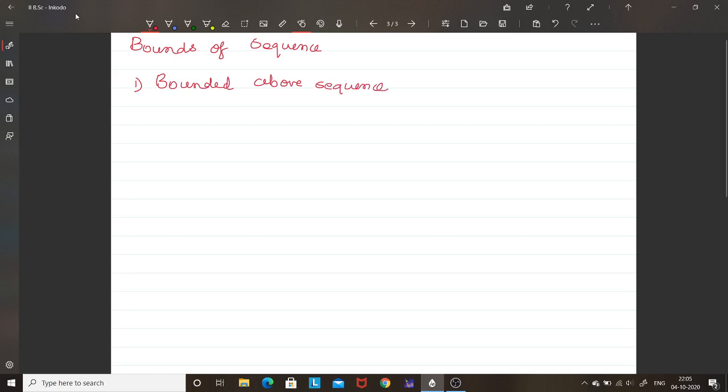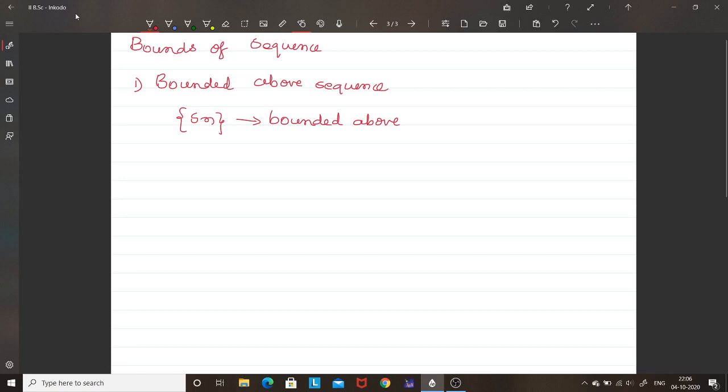So a sequence Sn is said to be bounded above. Observe carefully the words "bounded above". You should understand these definitions thoroughly, because based on these definitions we are going to prove so many theorems.